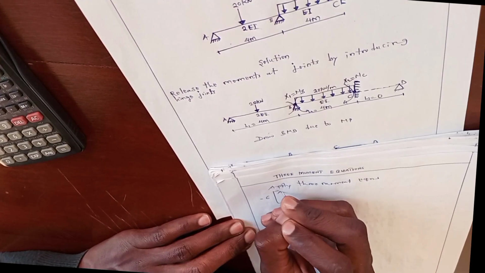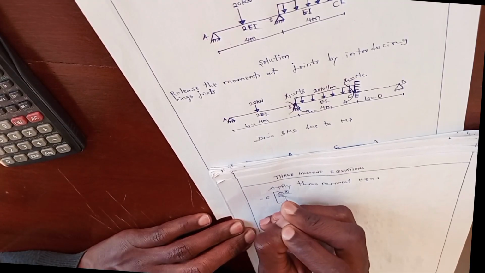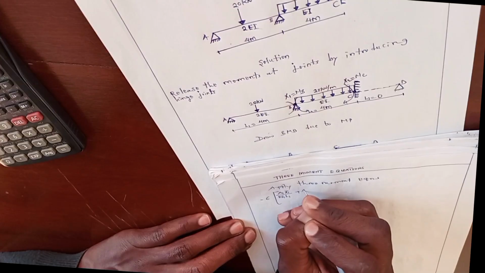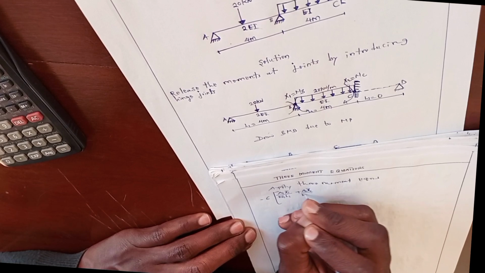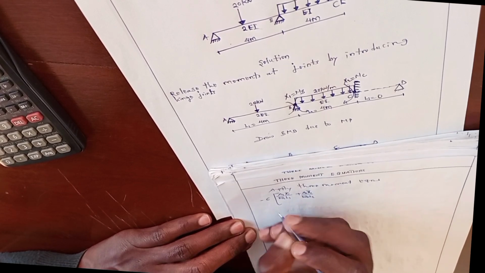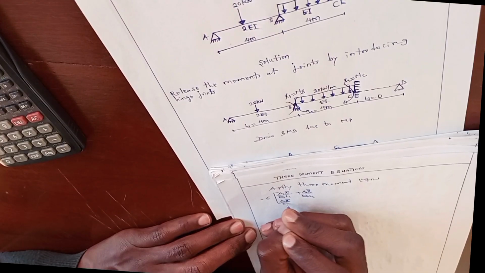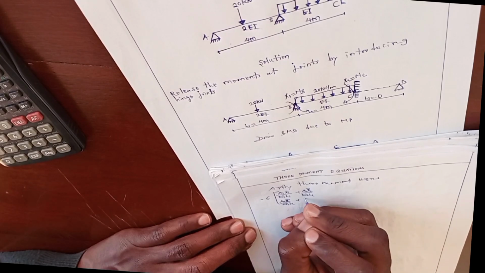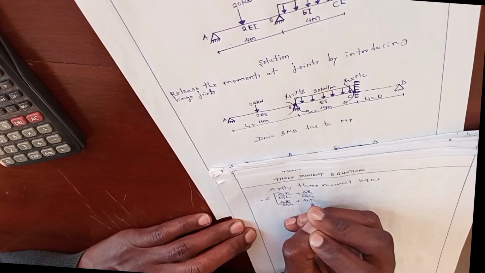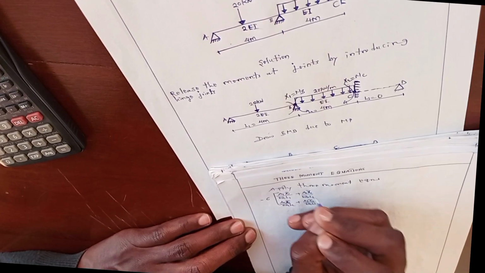This is area 1 centroid 1 over EI1 L1 plus area 2 centroid 2 over EI2 L2, plus area 3 centroid 3 over EI3 L3.